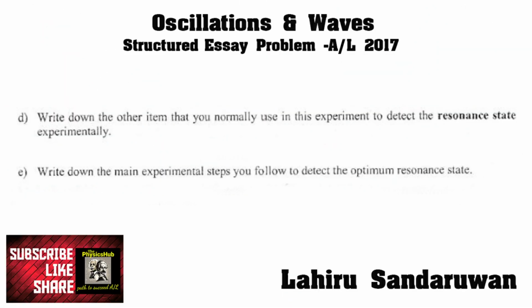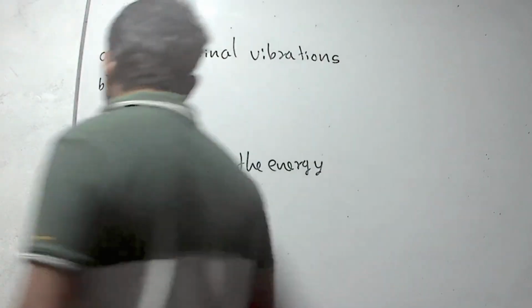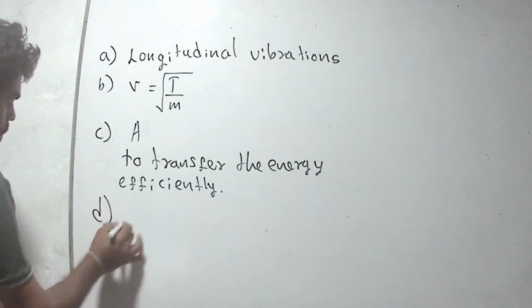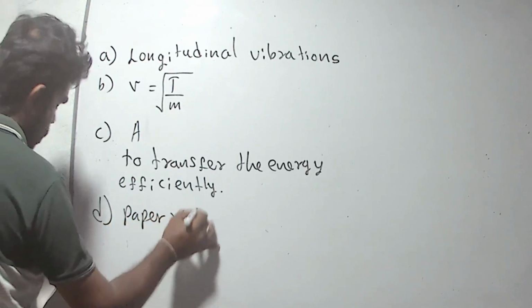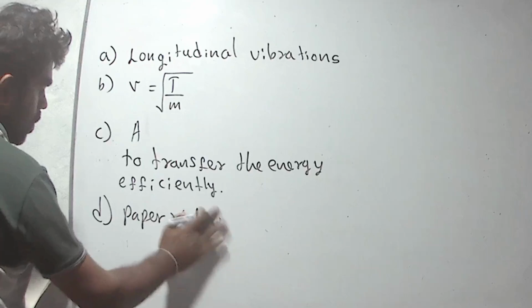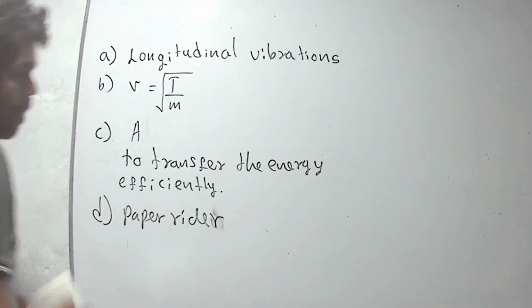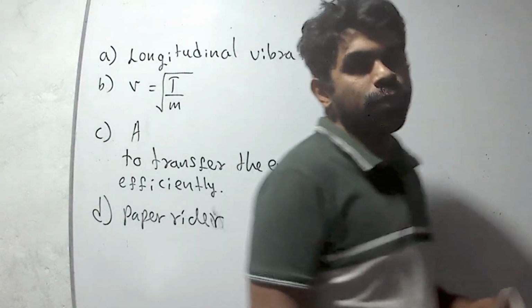Then part D. Write down other items that you normally use in this experiment to detect the resonance state experimentally. We have to use the paper rider. A paper rider means a small piece of paper.